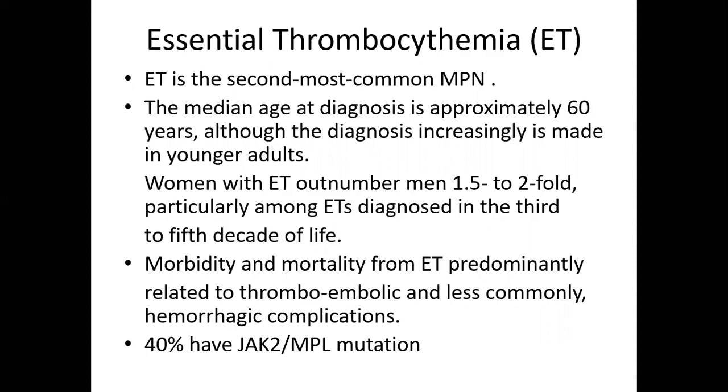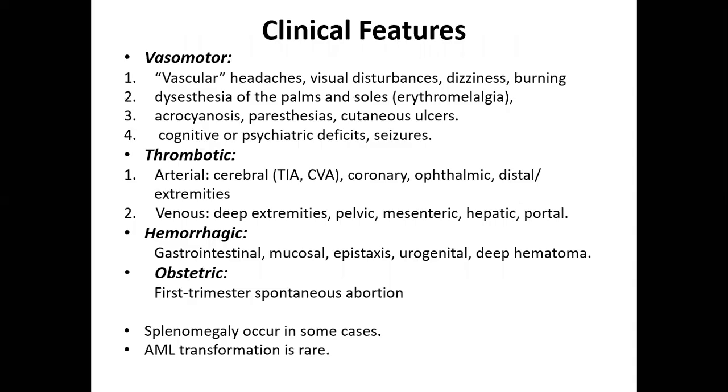Women outnumber men in this condition, and the morbidity and mortality from ET is predominantly related to thromboembolic attacks and less commonly due to hemorrhagic complications. 40% of patients will have JAK2 mutation or MPL mutation.